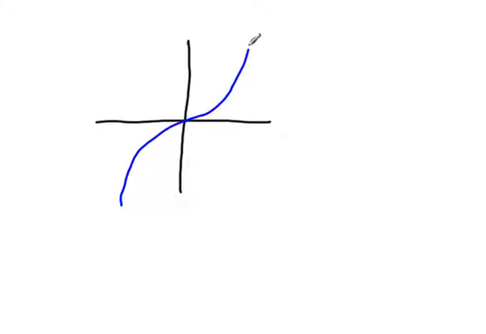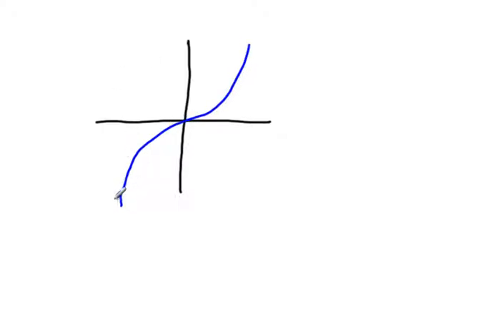So when I go to do concavity, we're going to talk about some basics of what it means to be concave up and concave down. If I draw a graph that is cubic, it's going to go like this, and then like this.